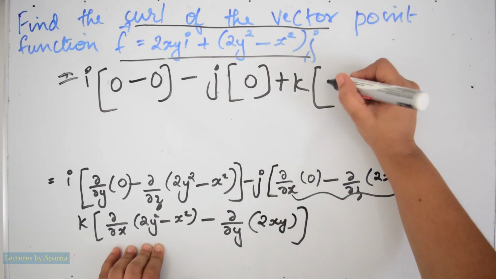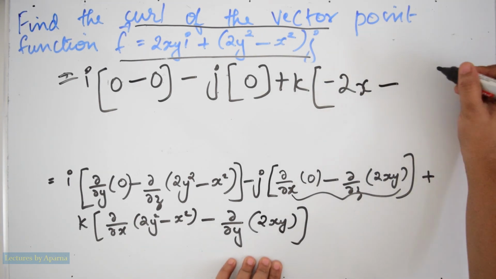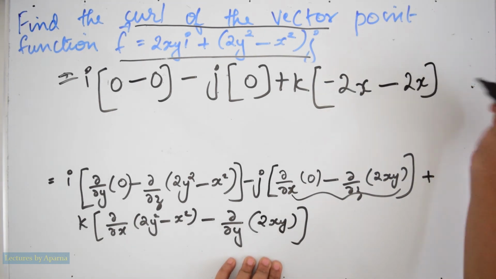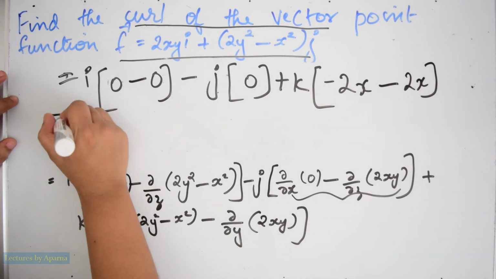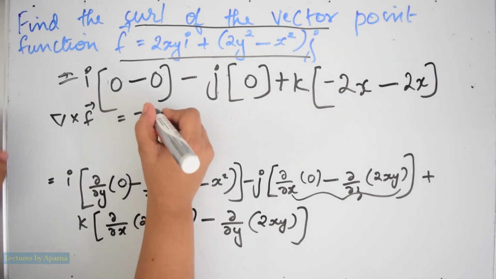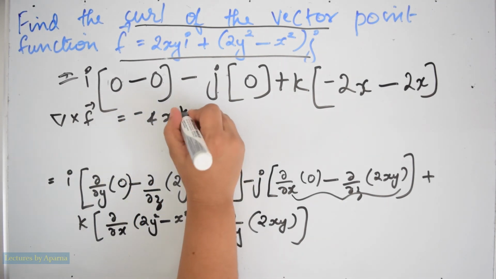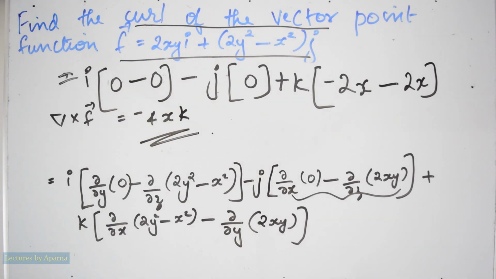This will be minus 2x minus 2x. Therefore, del cross f will be equal to minus 4x k. This is the curl of the vector point function.